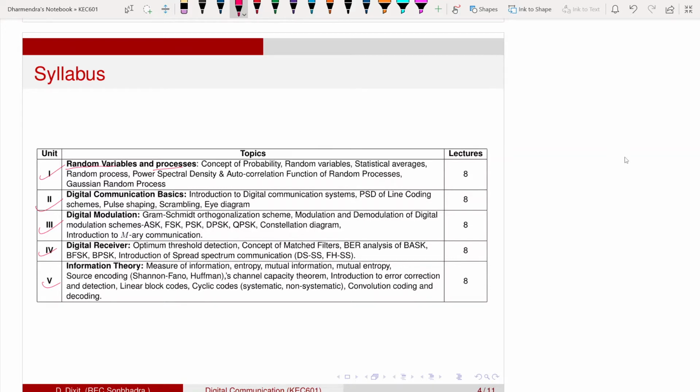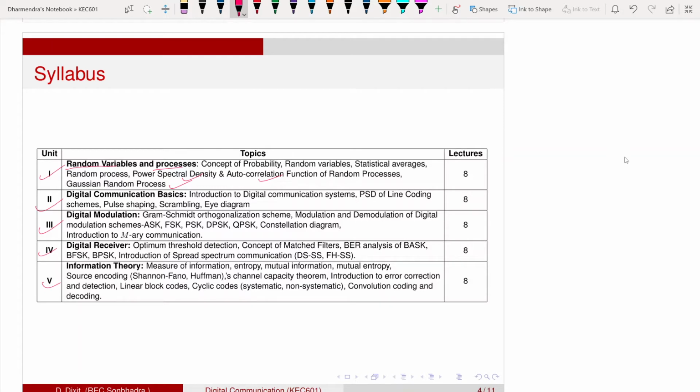In the first unit, we will discuss what a random variable is, how to characterize random variables, the definition of a random process, and how to characterize a random process, like the power spectral density and the autocorrelation function of a random process. We will also discuss a special type of random process, the Gaussian random process.